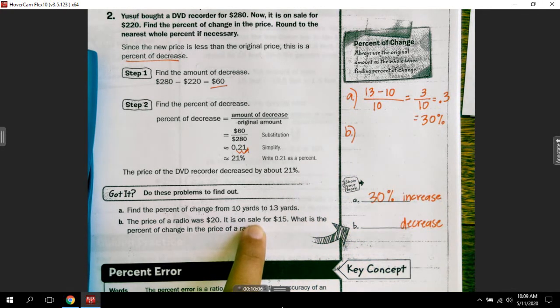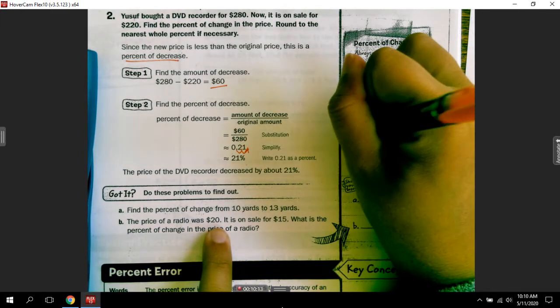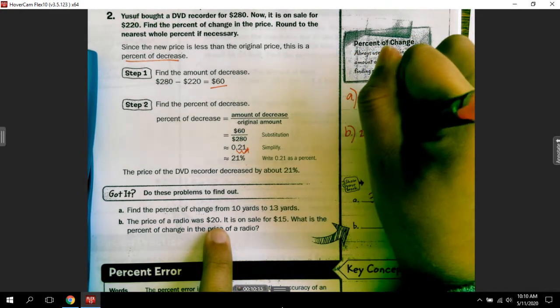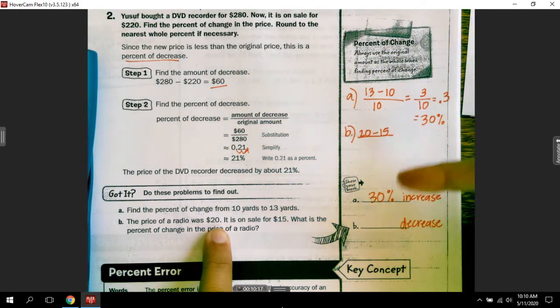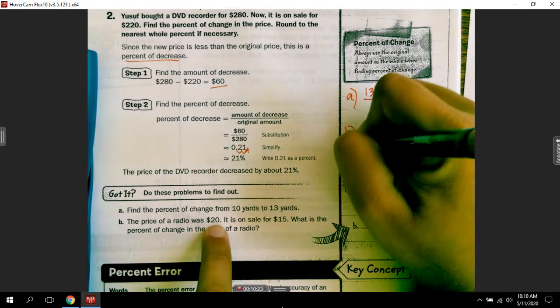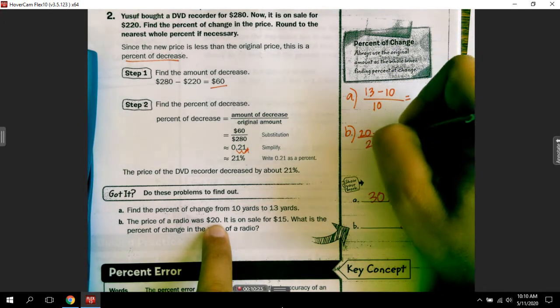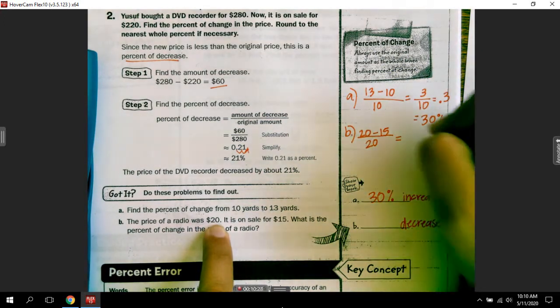And then we want to find out how much did it decrease, okay? So we went from 20 to 15. So again, 20 is larger, so I'm going to do 20 minus 15, because you're just finding how much did it change, okay? And then it was originally $20, so my original amount is 20. So that's what's going on the bottom. So 20 minus 15 gives me 5.